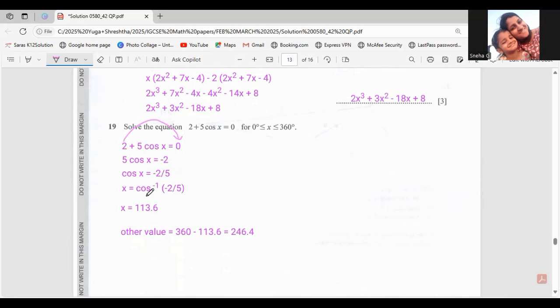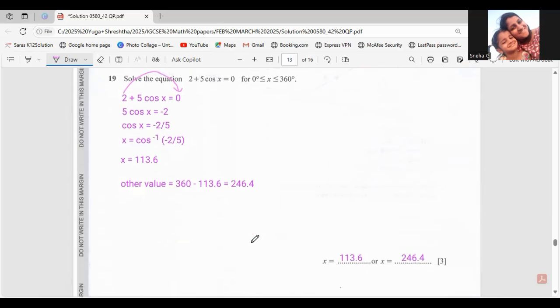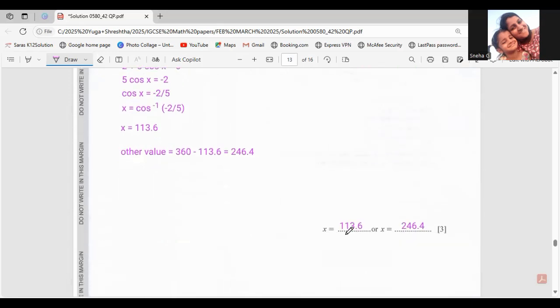So x is cos inverse of minus 2 divided by 5, which is 113.6. And since the values lie between 0 and 360, the other value is 360 minus 113.6, which is 246.4. So this is how you work out the two values of x, and then you write it here.